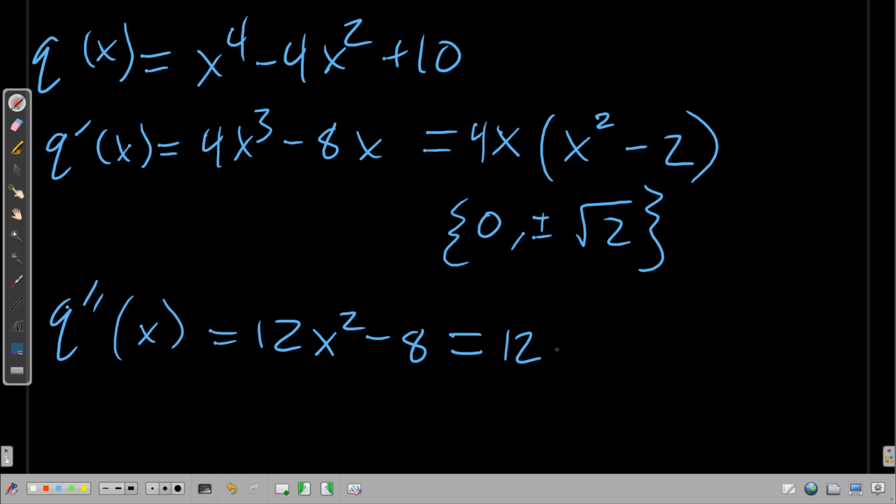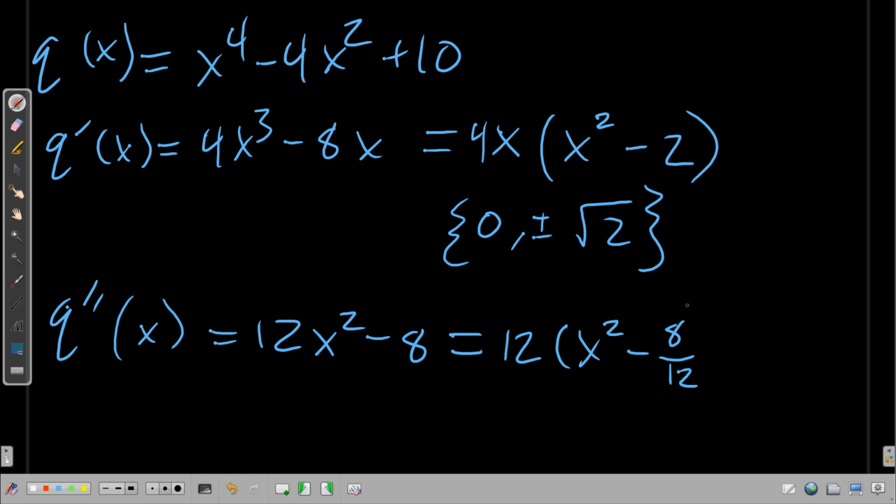Let me factor out a 12 to make it simple. Then I would have x squared minus 8/12, and 8/12 is 2 times 4 over 3 times 4.